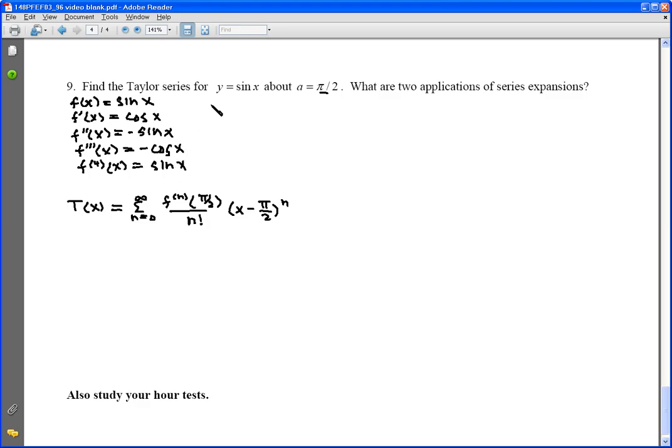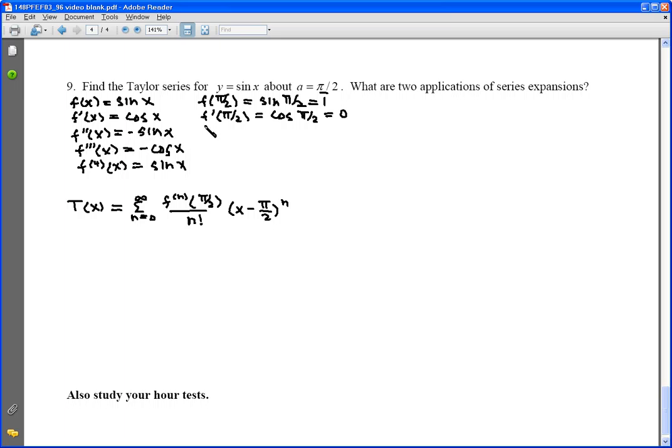And then you evaluate each one of those at pi over 2. So f at pi over 2 is sine pi over 2, which is 1. And f prime at pi over 2 is cosine pi over 2, which is 0.